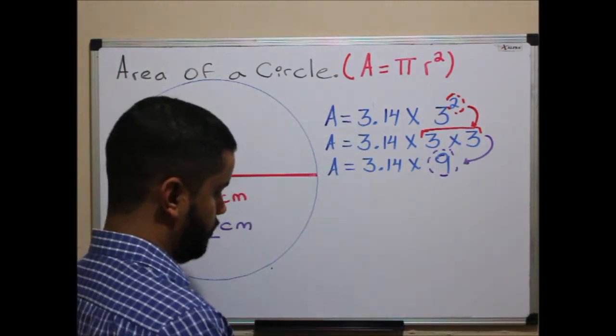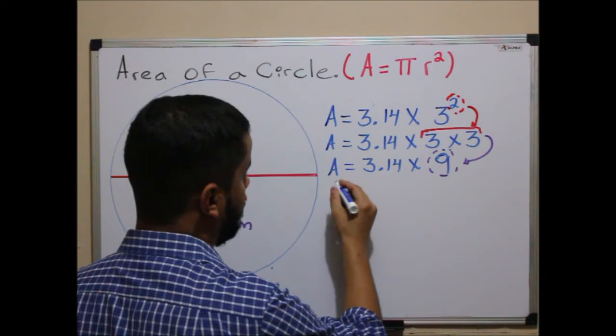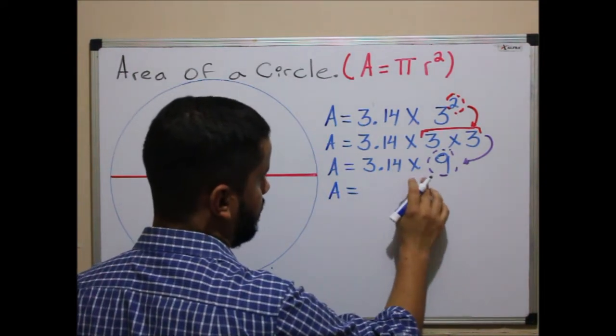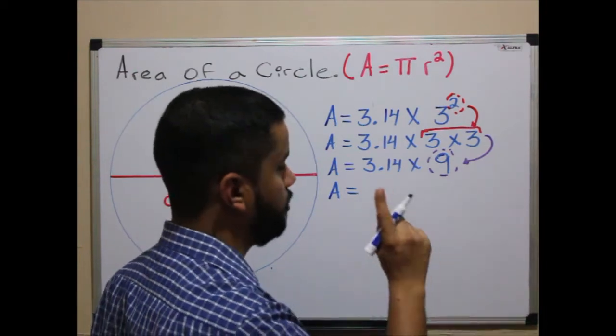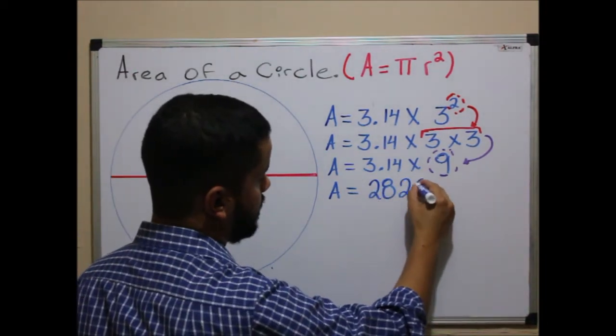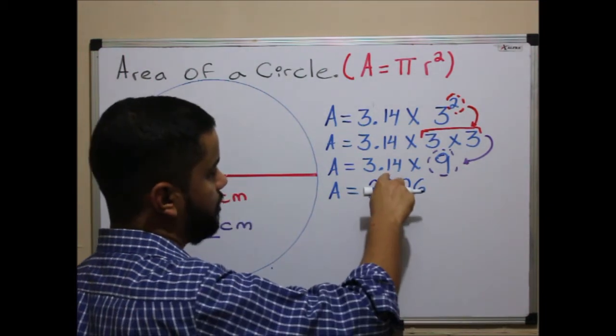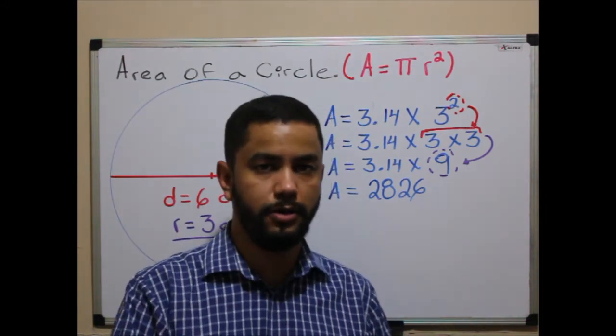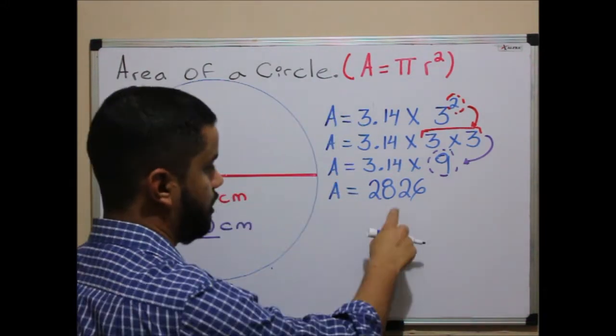And now we're going to multiply 3.14 times 9. So what will our solution be? 28.26. But we have 2 decimals, so we copy those 2 decimals in our solution.